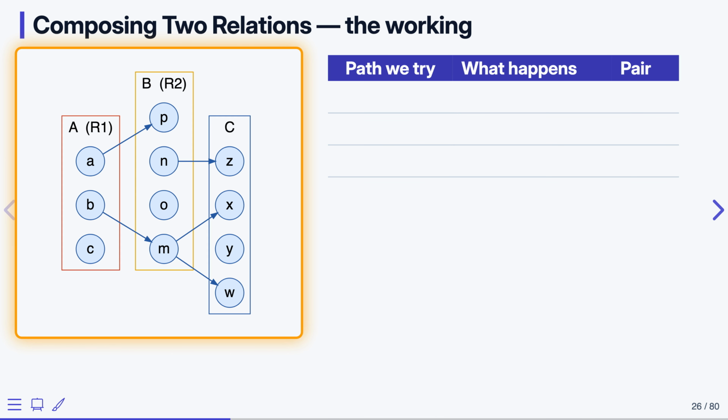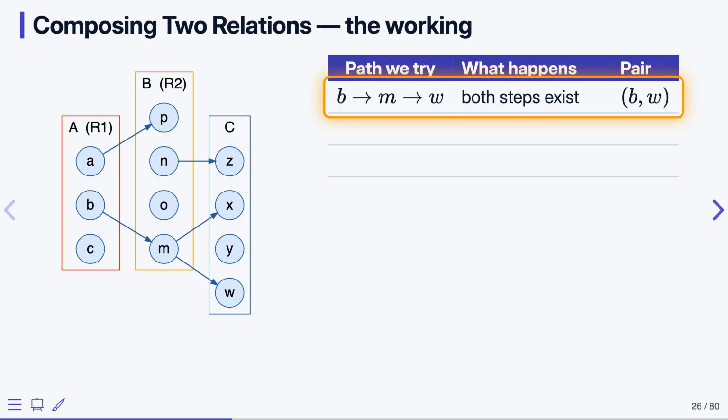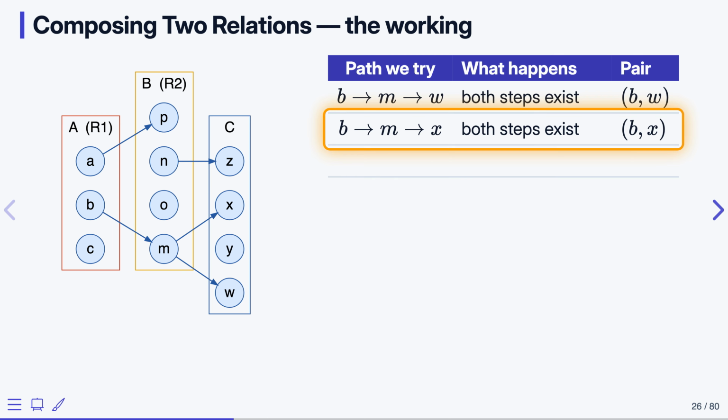Now we find the composite. We look for paths that cross both columns of arrows. Start at b, the arrow b-m takes us to m. From m, the arrow m-w takes us to w. Both steps exist, so the pair (b, w) is in the composite. Still at b, from m there is a second arrow, m-x, that takes us to x, so the pair (b, x) is in the composite too.